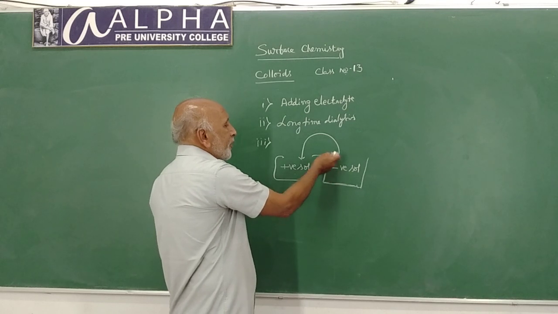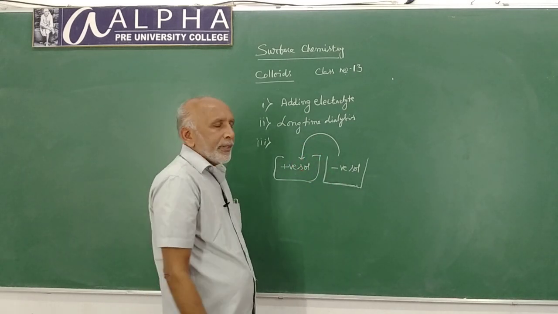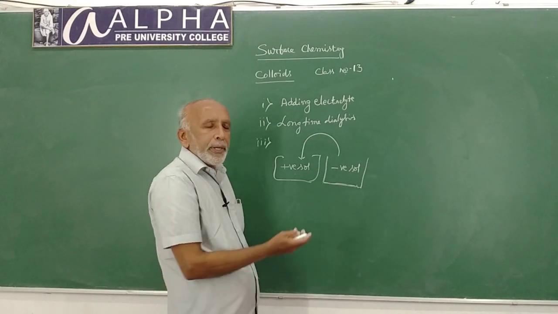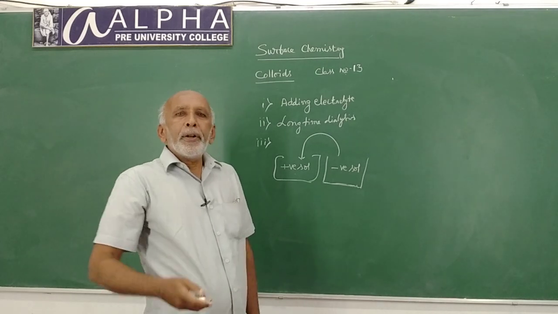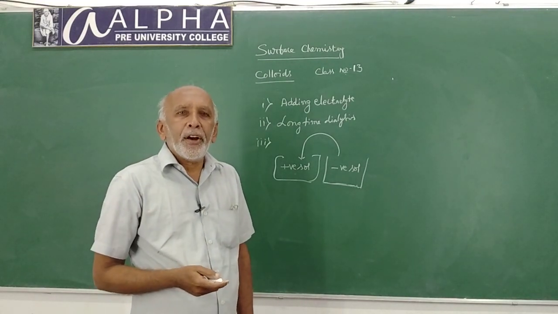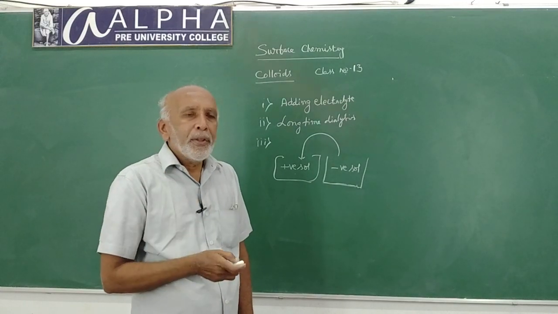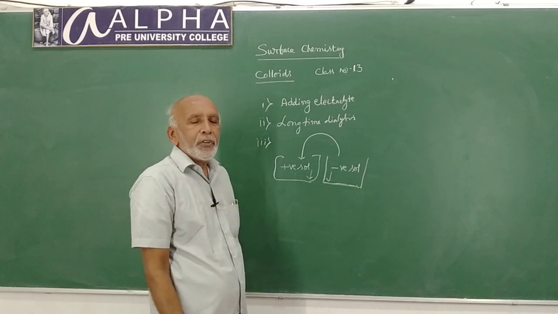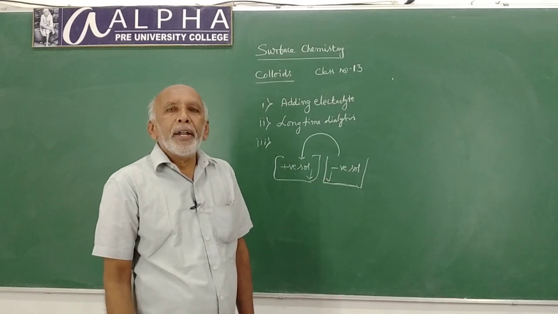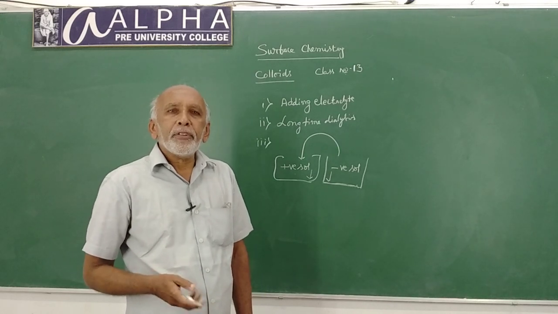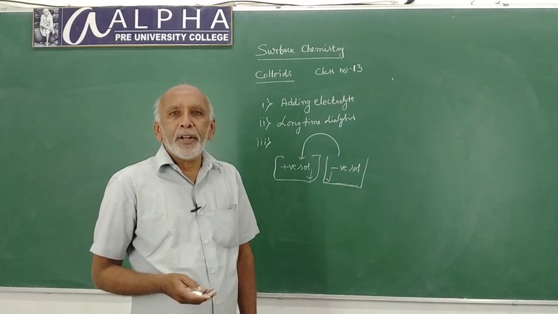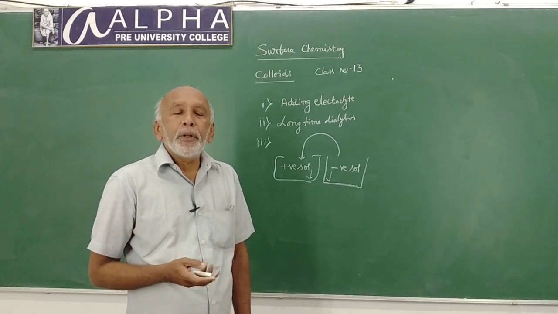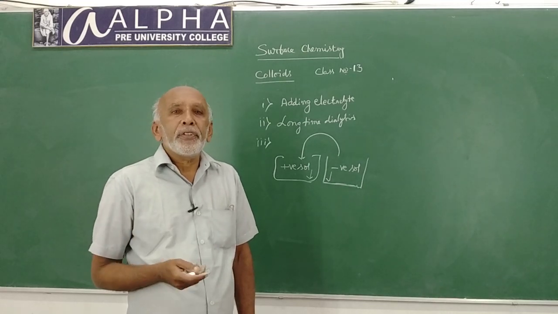On adding a negative sol into a positive sol, the particles of both sols undergo neutralization of their charge and coagulate. So the positively charged sol coagulates, and the negatively charged sol also coagulates. That means on addition of a negatively charged sol into a positively charged sol or vice versa, both the sols undergo coagulation due to mutual neutralization of charges.